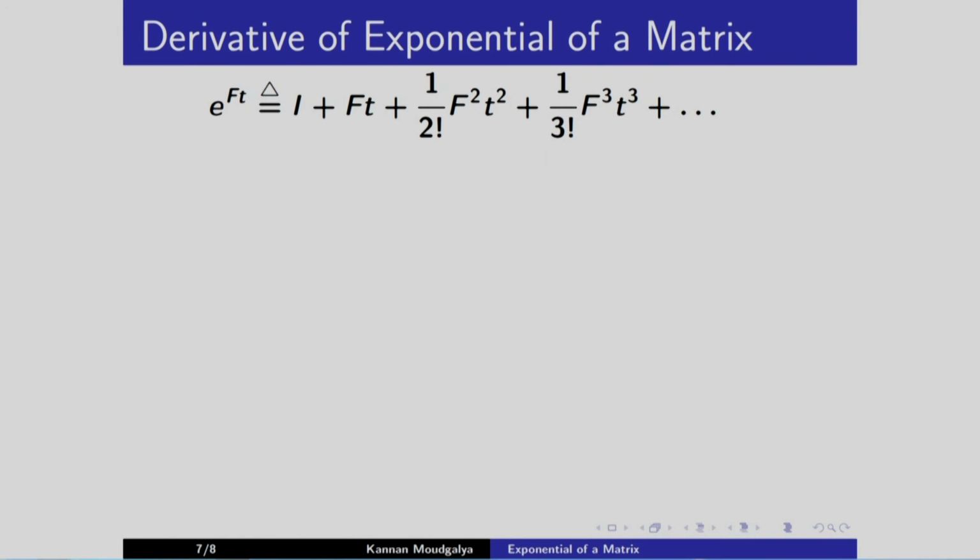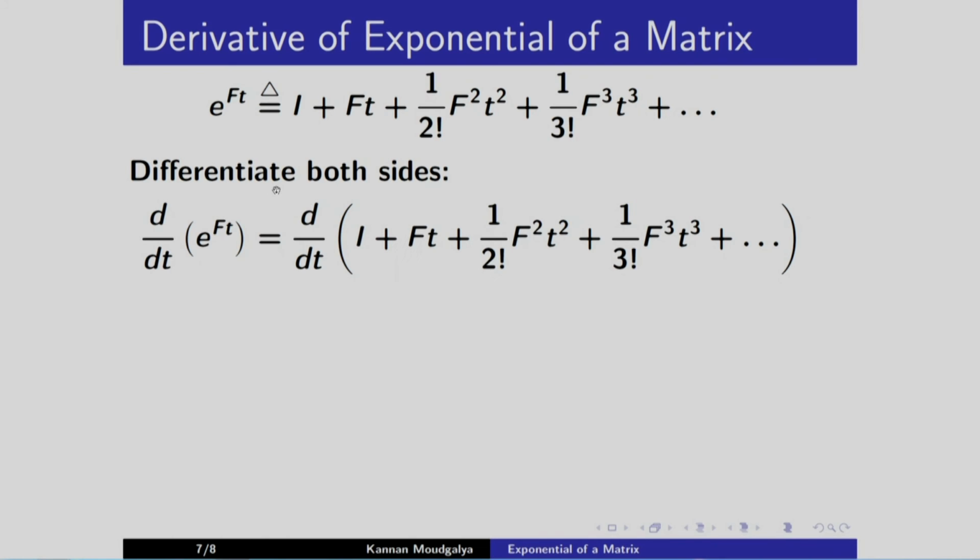Next we need the concept of derivative of exponential of a matrix. We have exponential ft's expression here, let us differentiate it. So differentiate both sides with respect to t, and let us differentiate one term at a time.